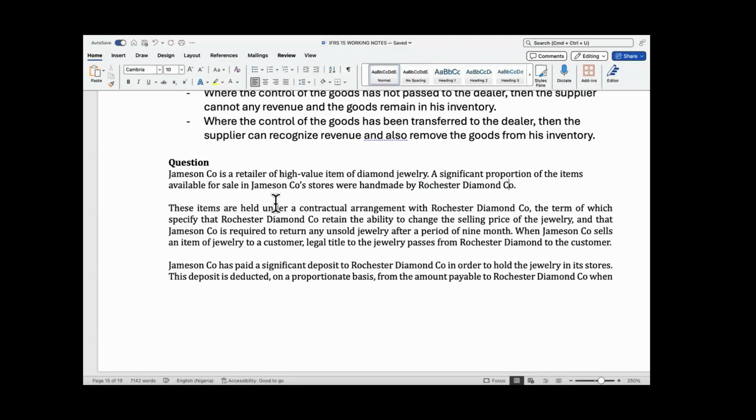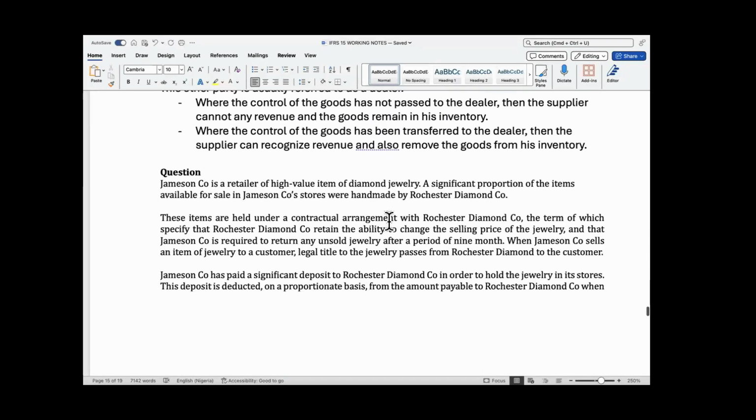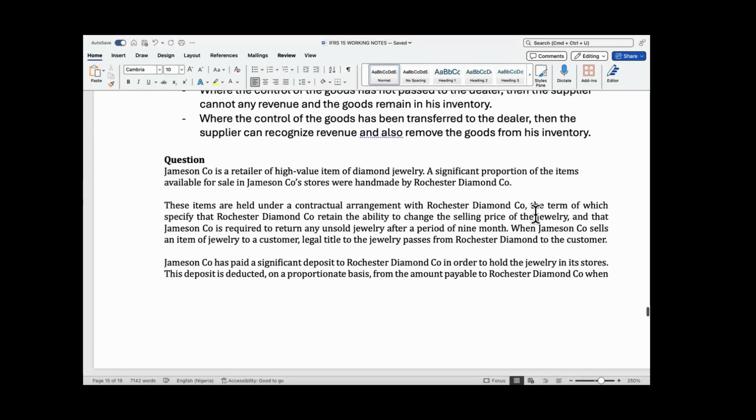They say these items are held under a contractual arrangement with Rochester, the terms of which specify that Rochester retains the ability to change the selling price of the jewelry, and that Jameson is required to return any unsold jewelry after a period of 9 months. When Jameson sells the item of jewelry to a customer, legal title passes to the customer.